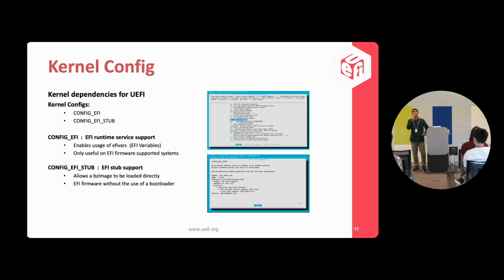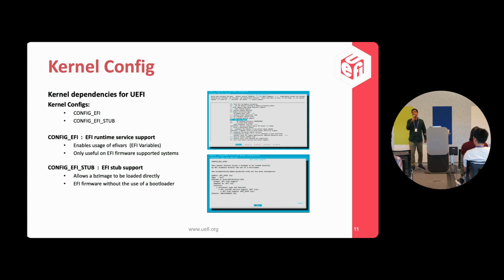Here are a few kernel configs I have captured, which can help to enable UEFI support in the Linux kernel. There are two main kernel configs, CONFIG_EFI and CONFIG_EFI_STUB. CONFIG_EFI provides runtime service support for EFI-based binaries and variables, and it enables using the EFI firmware directly on the Linux kernel side.